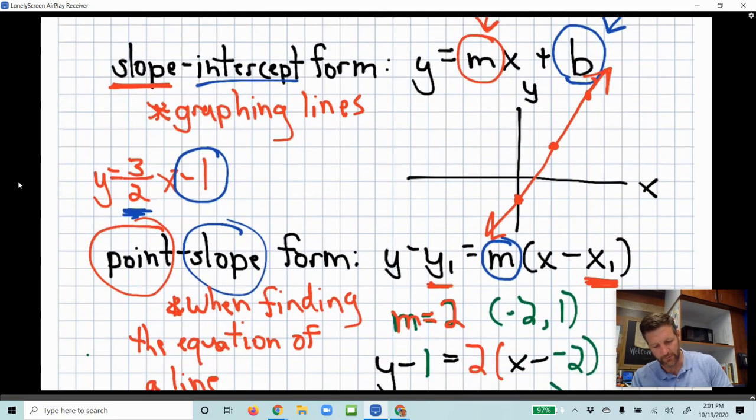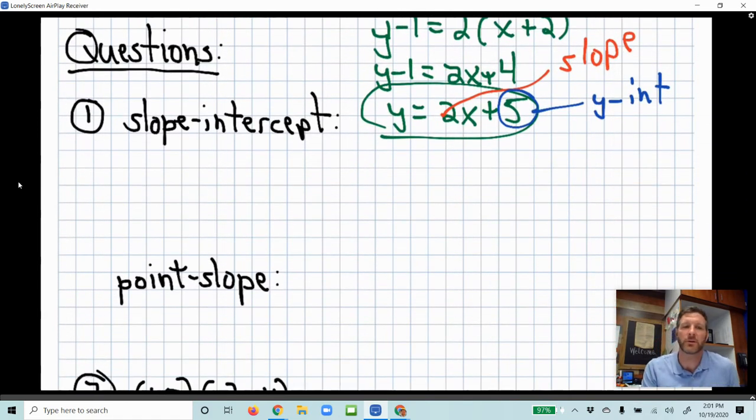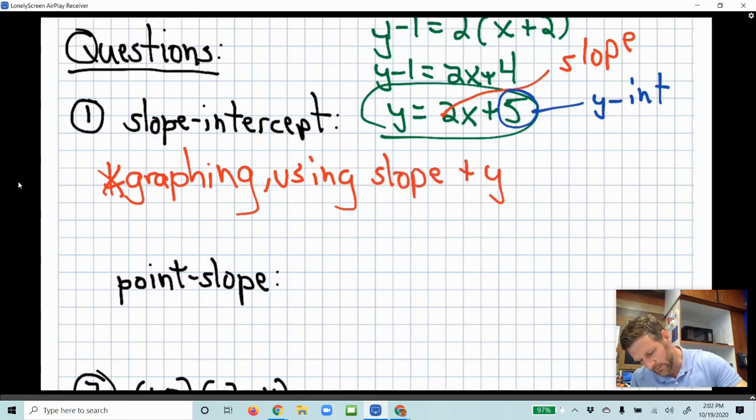So slope-intercept form, and that's actually just our first question. First question is, when do you use slope-intercept? When do you use point slope? Well, let me just reiterate it. Slope-intercept is for graphing. Okay, it allows you to graph the thing very easily using the two key elements, the slope and the y-intercept.